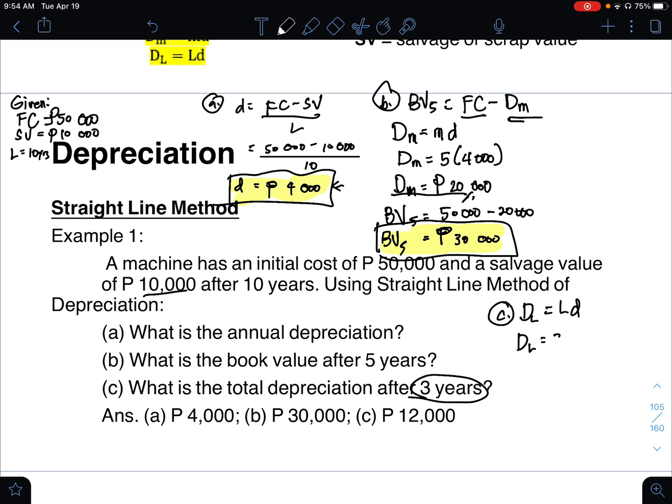That's 3 years, right? Times atong depreciation, which is 4,000. So DL is just equivalent to 12,000 pesos. And that is your final answer. Okay, and that is for number 1 example for straight line method.